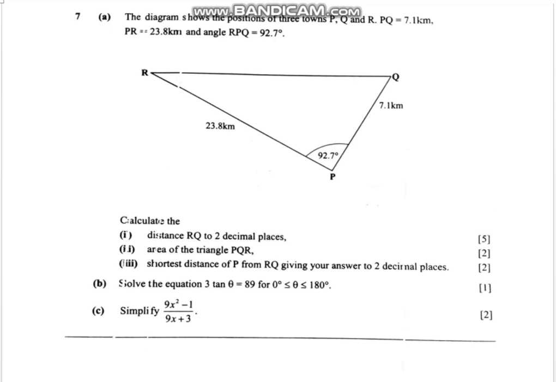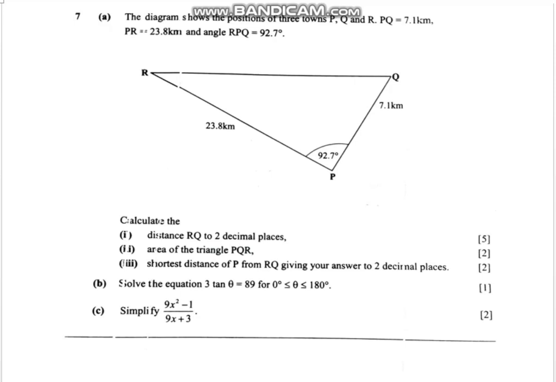So let's work out the first part of A. Calculate the distance RQ to 2 decimal places. To work out distance RQ, first of all we analyze the information we have here. PR is given as 23.8 kilometers and PQ is given as 7.1 kilometers, and we have angle RPQ which is 92.7 degrees.